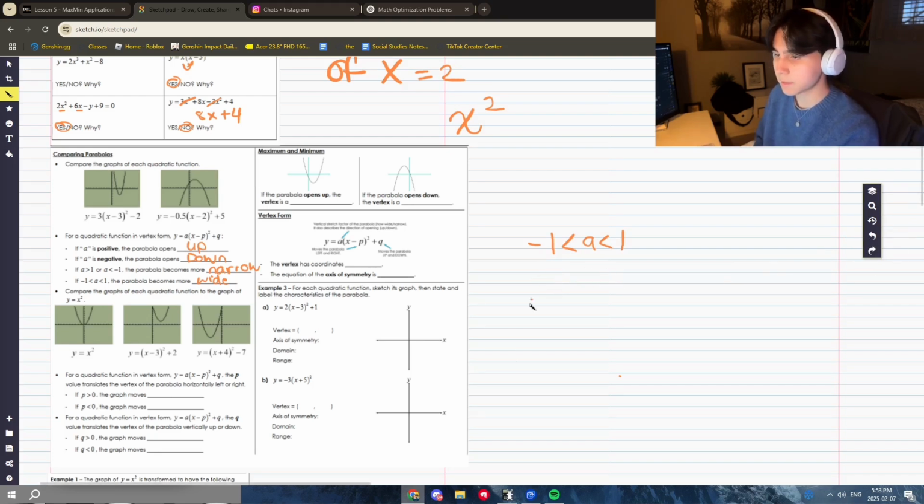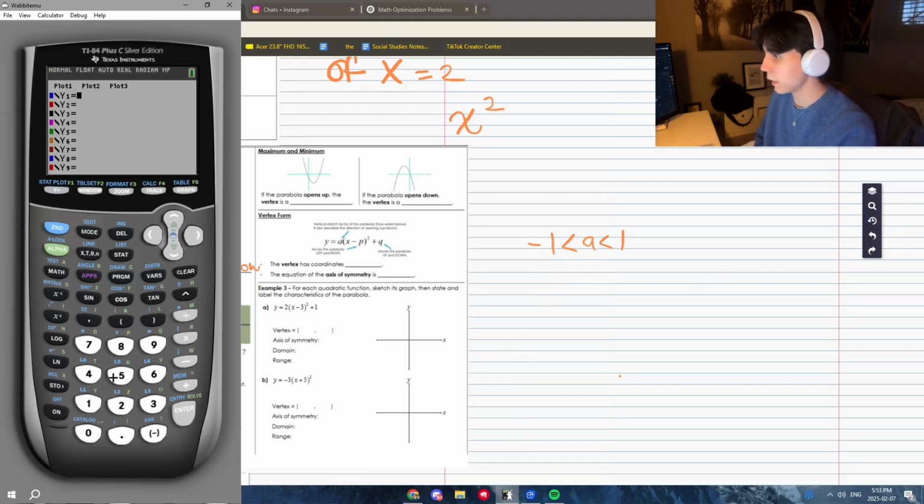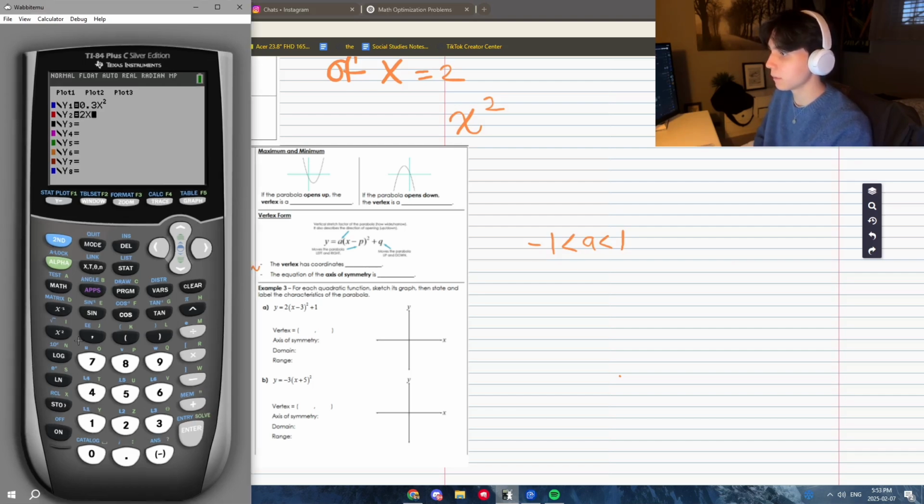So we can actually test this theory out here. If we replace our a value, let's do 0.3 x squared, which, as we said, since it's a fraction that doesn't start with 1, is going to be more wide as opposed to the whole number. So let's check out the whole number right here. Let's say 2x squared.